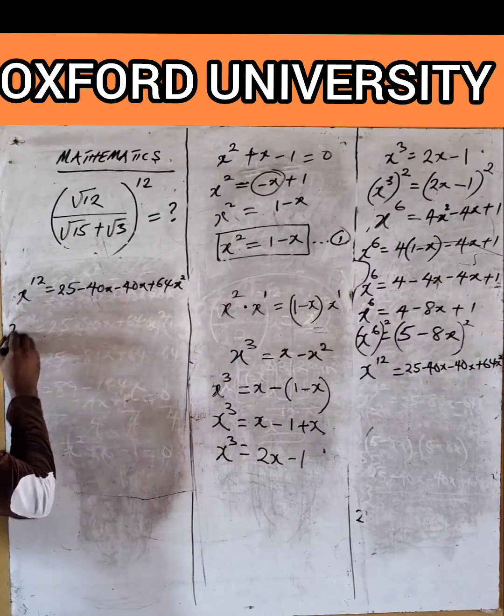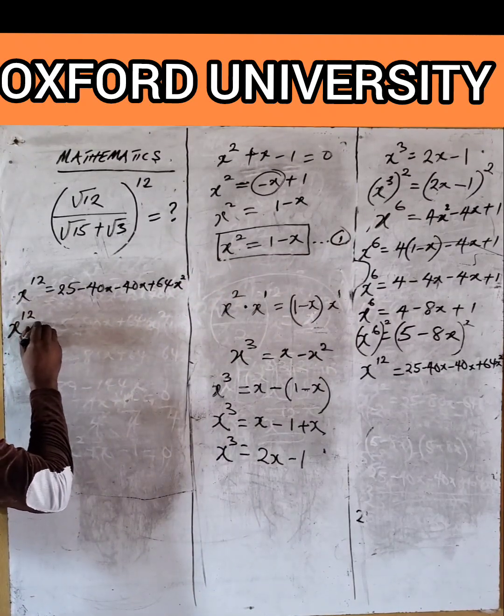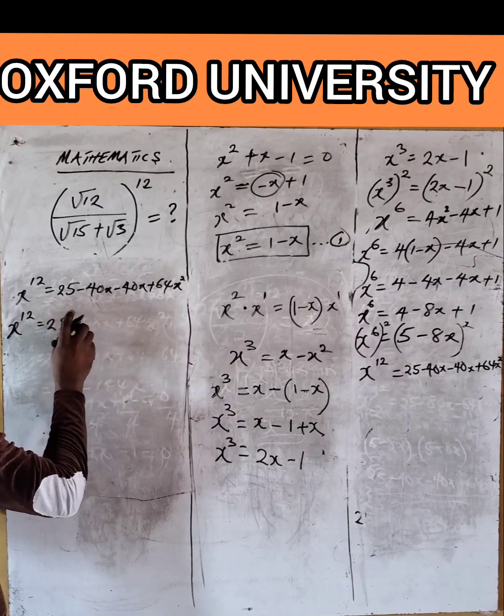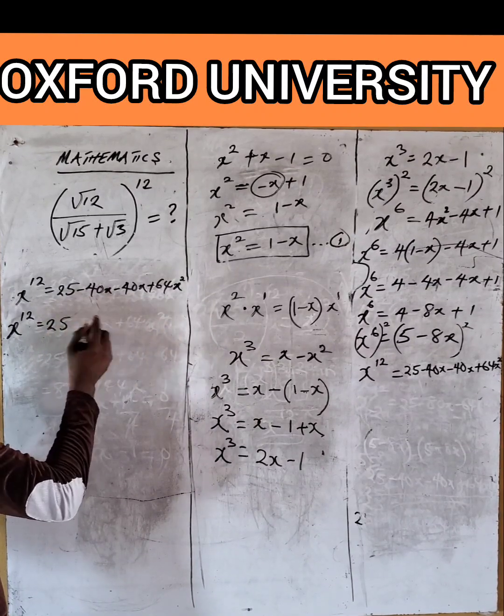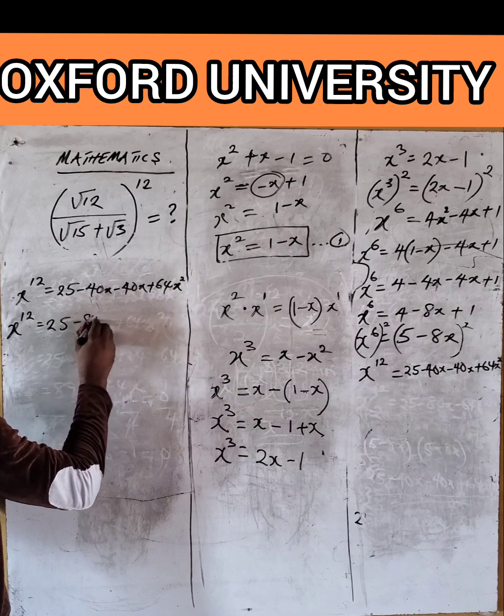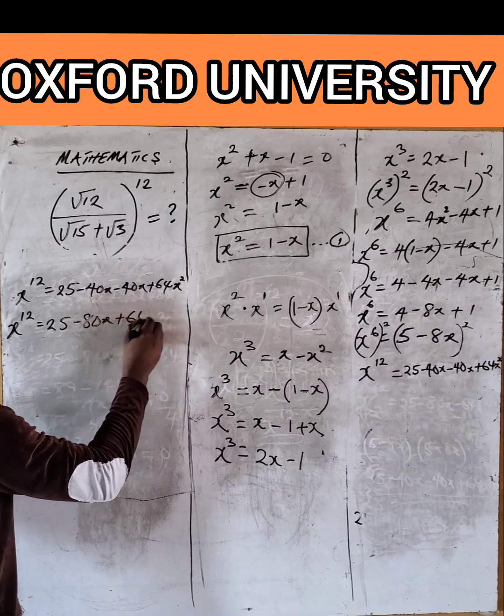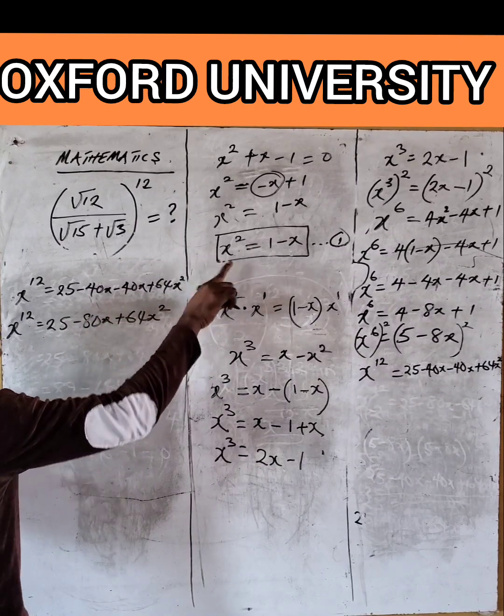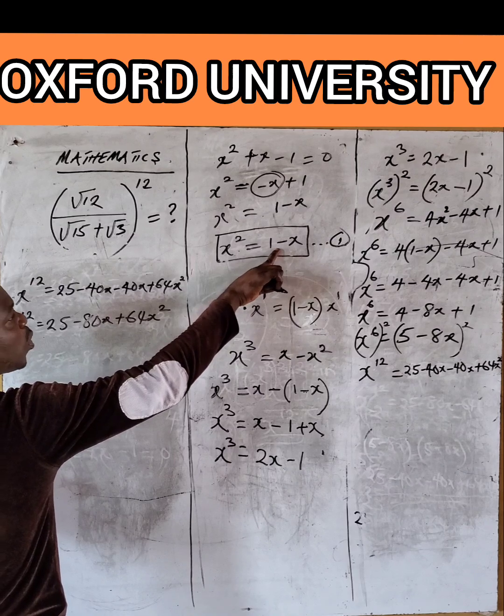As such, we'll be having our x raised to the power 12 to be equal to 25, of course, minus 40x minus 40x will give us minus 80x plus 64x squared. Remember, I said that x squared is to be replaced with 1 minus x.